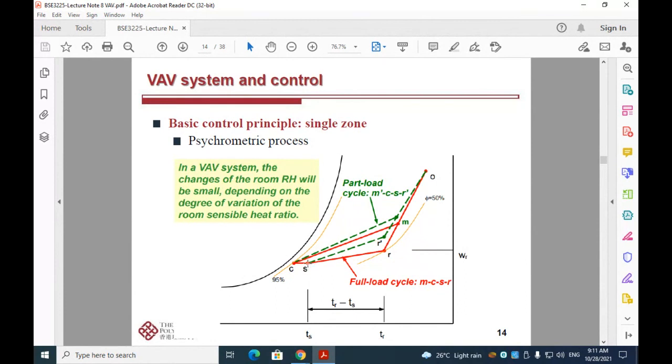And then if the room sensible heat ratio changes, for example, here for this partial load, I think only the sensible load is reduced and the latent load remains the same.